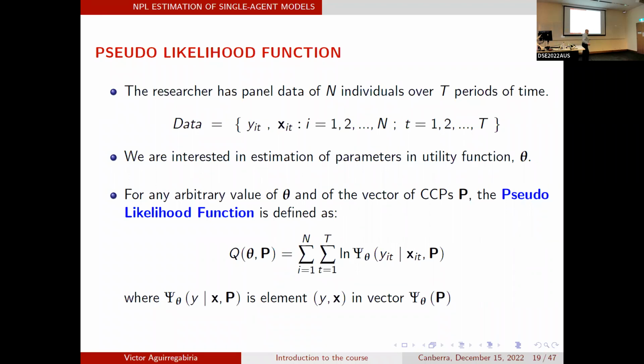That's a definition of the maximum likelihood estimator, and then we could construct a Lagrange function for the maximum likelihood estimation, maximizing everything with respect to theta and P.